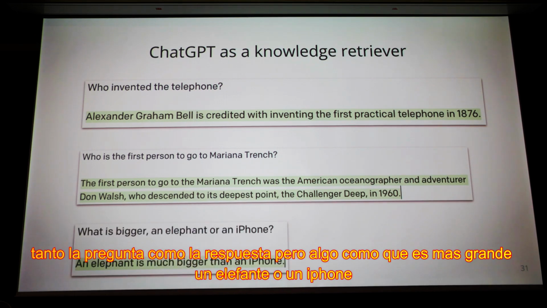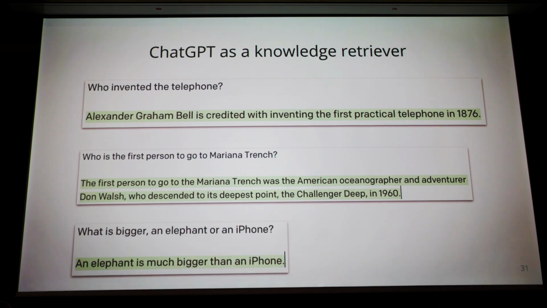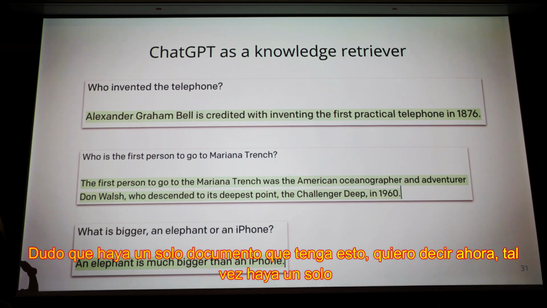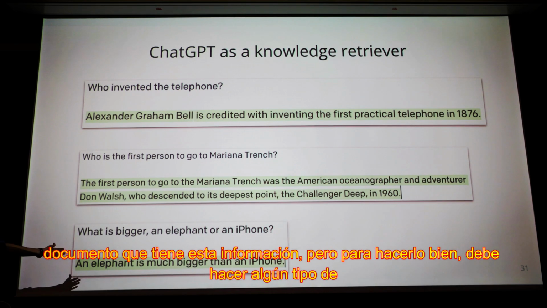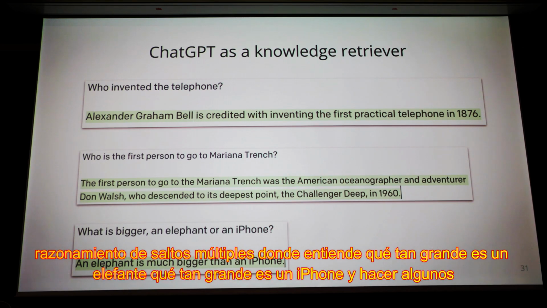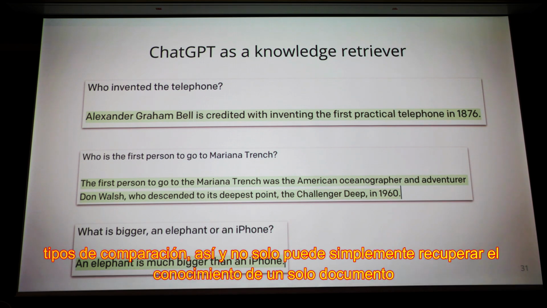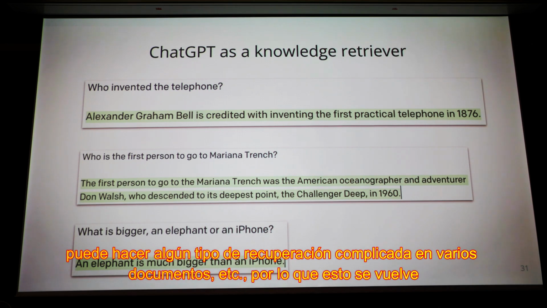But something like what is bigger, an elephant or an iPhone? I doubt there's a single document which has this. Maybe there is, but to get this right, it needs to do some sort of multi-hop reasoning where it understands how big an elephant is, how big an iPhone is, and makes some sort of comparison. So not only can it retrieve knowledge from a single document, it can do some kind of complicated retrieval over multiple documents and so on.